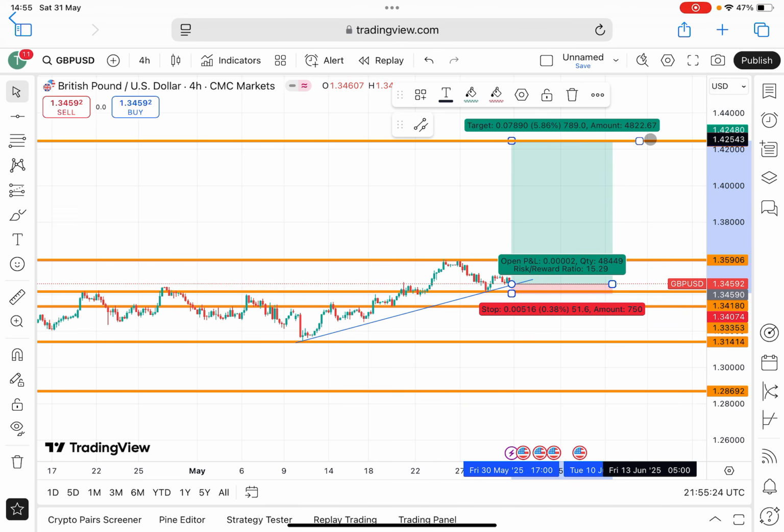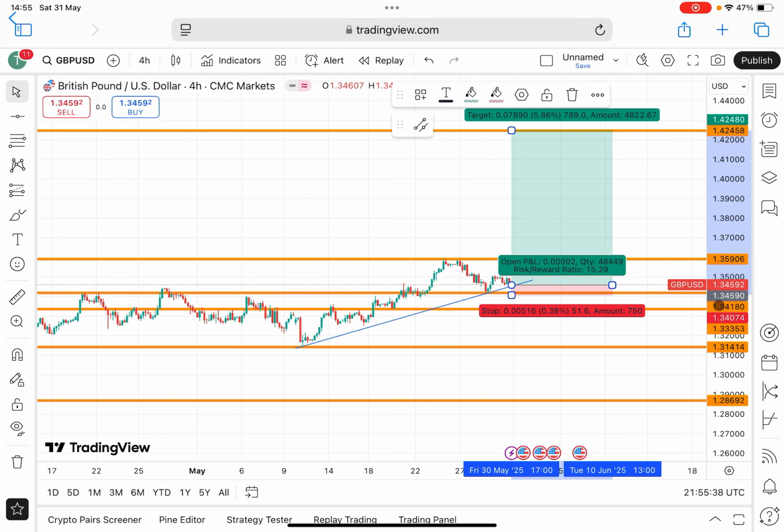That's 4,800 pips. So if you buy from the current market price and market goes to this level, with $1 per pip, that's $4,822. But that may take maybe 3 to 6 months, depending on the liquidity.